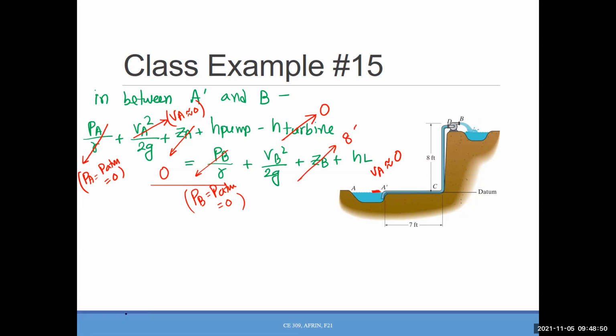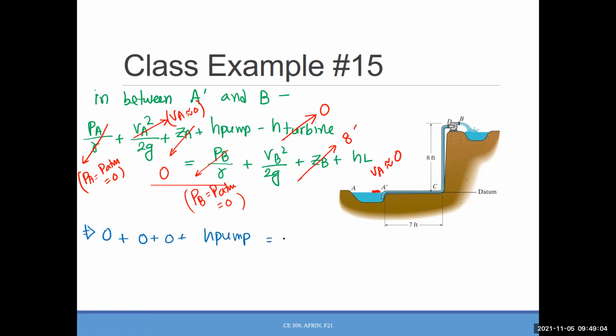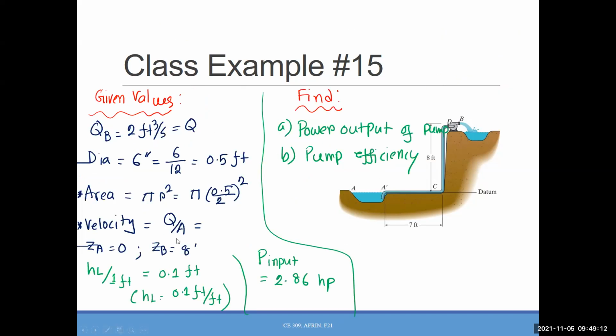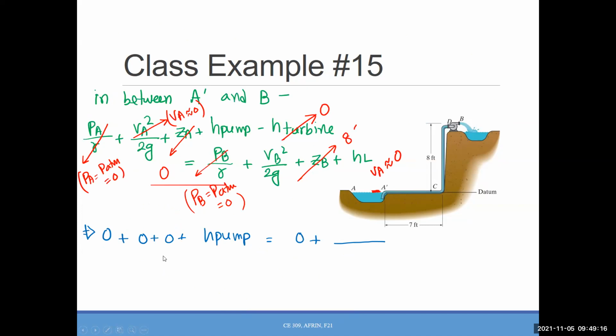So let's write it down, the next line. We have just 1 minute. So 0, 0, 0. Wow, we have 3 zeros. Great. 0 plus 0 plus. Anyone has the number for VB? Anyone calculated VB? 10.2.